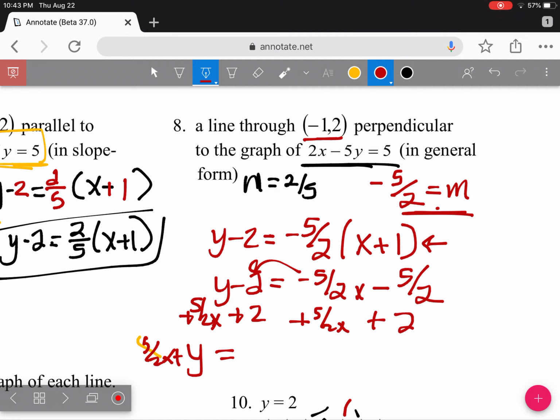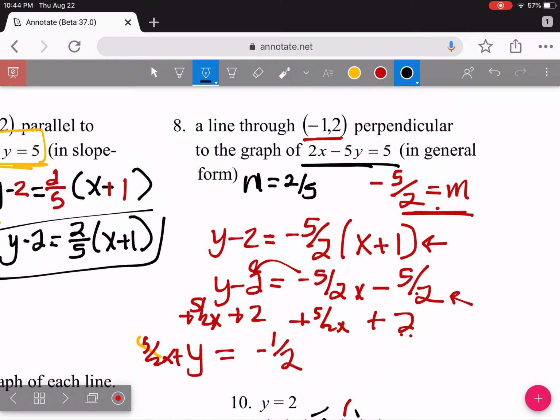We have negative 5/2 and positive 2. So this is positive 4/2. This is negative 5/2, so we have negative 1/2 left.